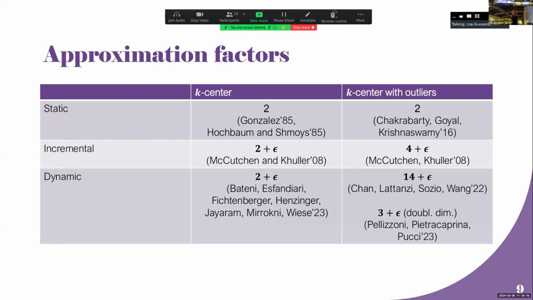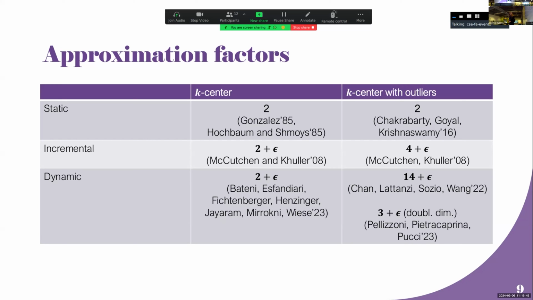And just as recently as in 2016, there appeared also a 2 approximation for the version with outliers. And in the incremental setting, there are results by Samir and Matthew McCutcheon that yield a 2 plus epsilon approximation for k-center and a 4 plus epsilon approximation for the outlier case.